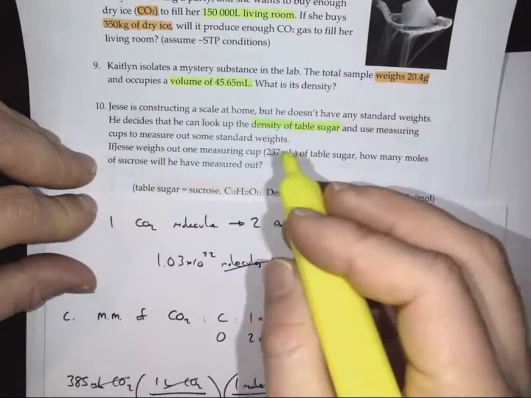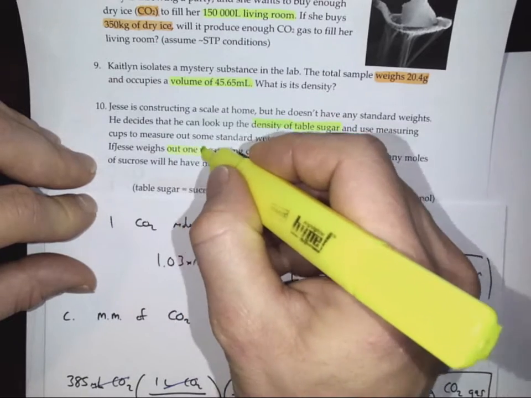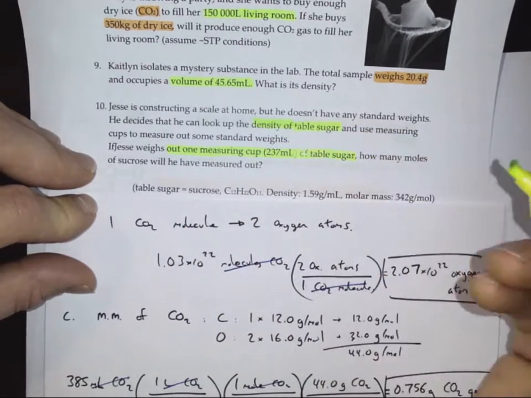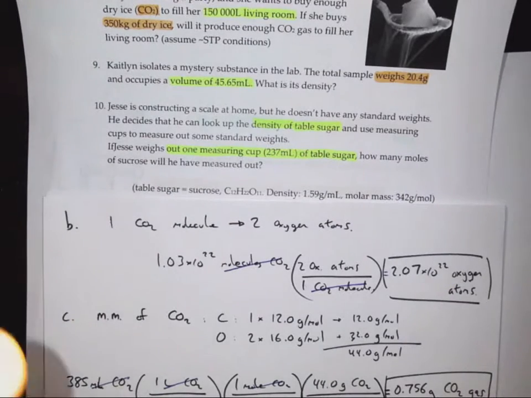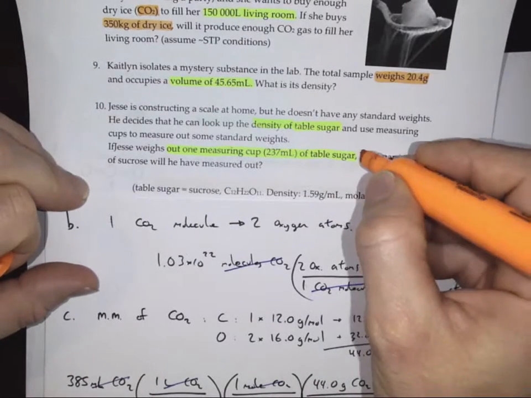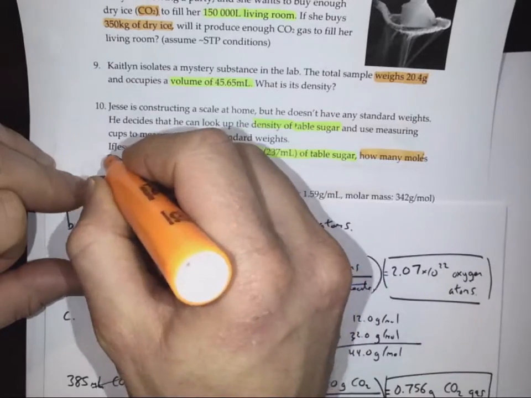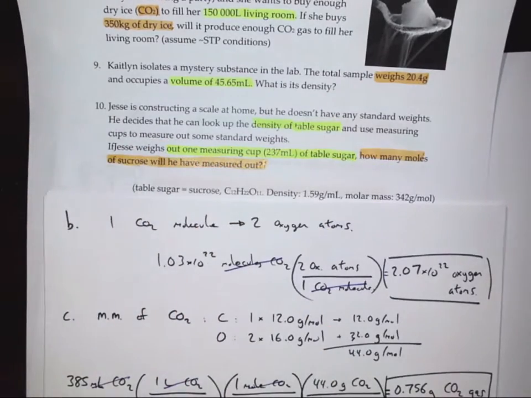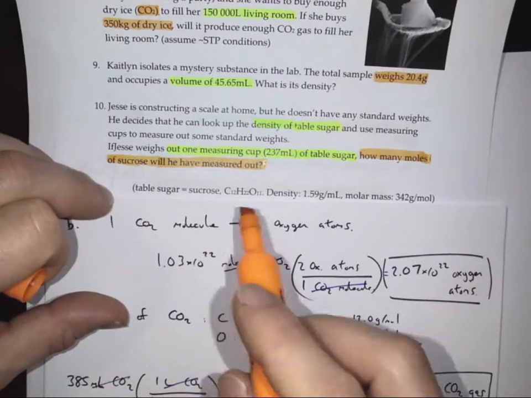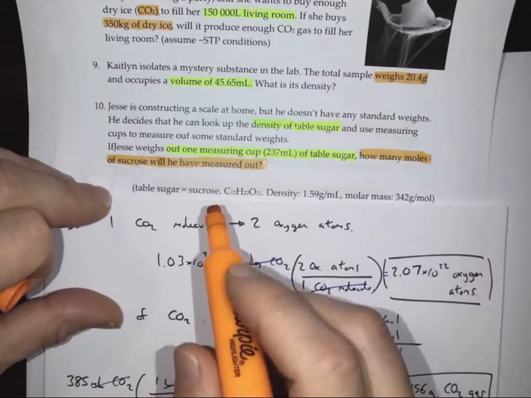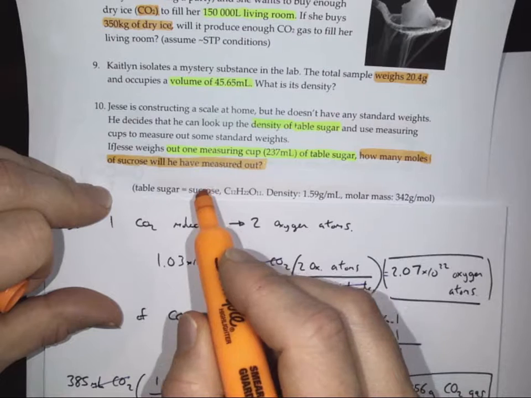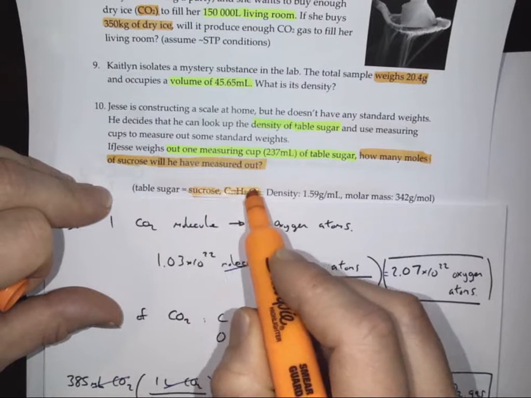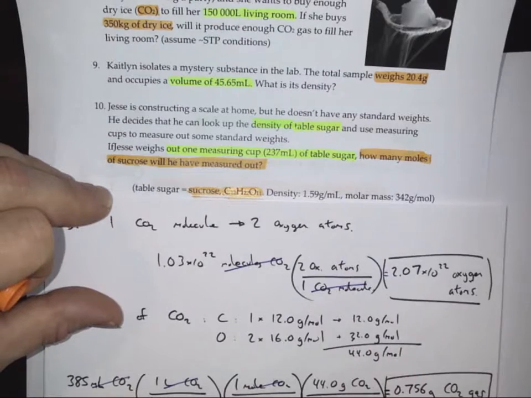So if Jesse weighs out one measuring cup of table sugar, the question we might want to ask is, well, how many moles of sucrose will he have measured out? Okay, and also we're given some reference values here. We know that table sugar is the same thing as sucrose, and sucrose has a formula here.